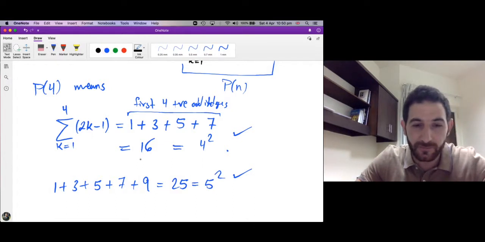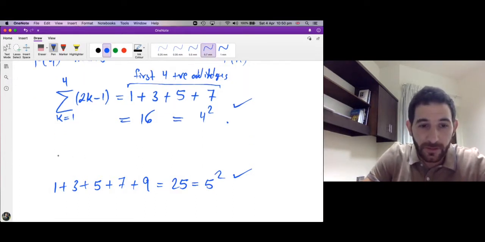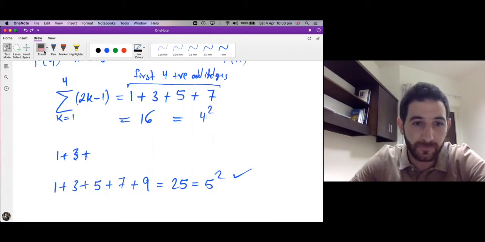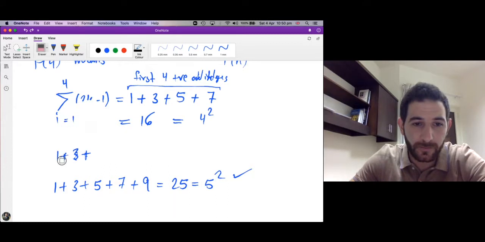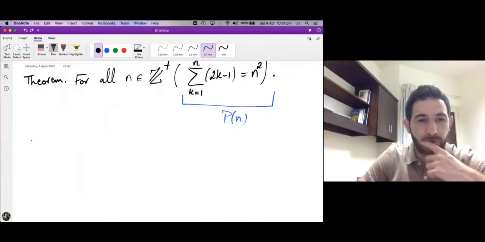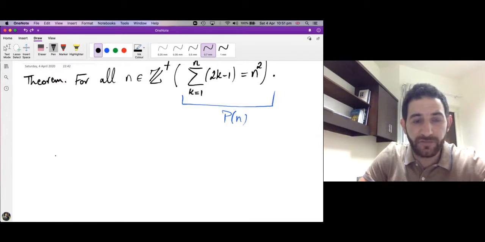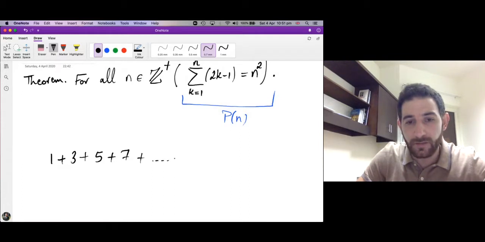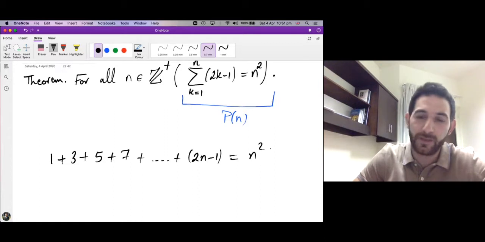What we want to show is that if you sum the first n positive odd numbers, starting with 1 and then 3 and then 5 and then 7 and stopping at the nth one, and the nth one is 2n minus 1, you will always get n squared.